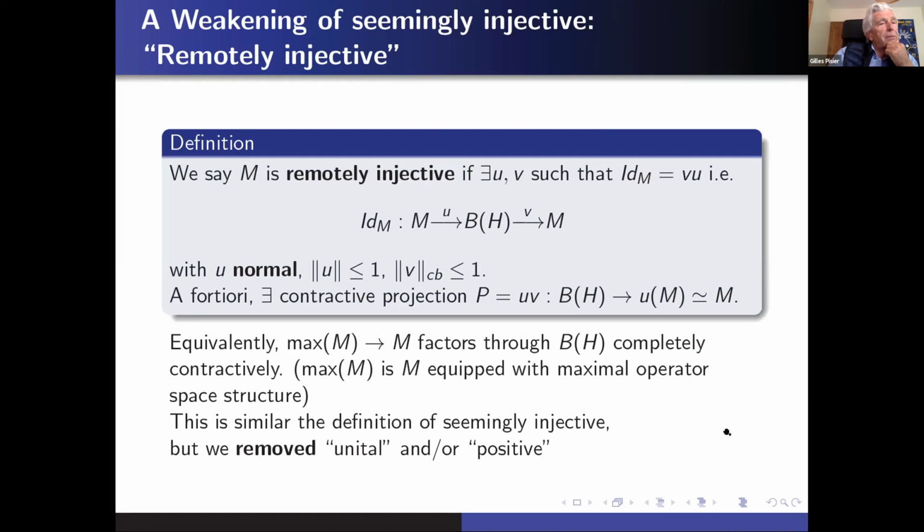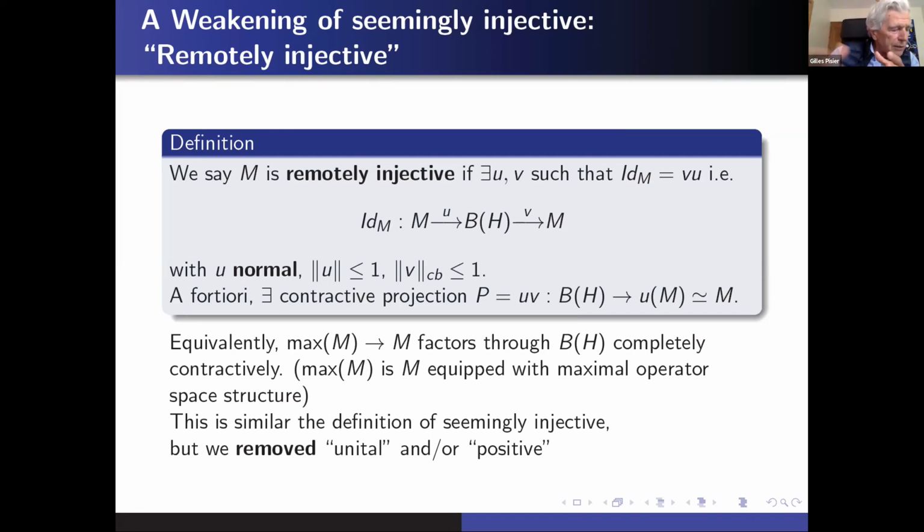I see on my screen, I happen to see my friend Bernie, who is there, and it reminds me that it would be a good idea to mention that there is a whole literature on the range of contractive projections on C-star algebras, on von Neumann algebras, or on B of H. There's an early paper by Effros and Størmer on the case of positive unital projections.